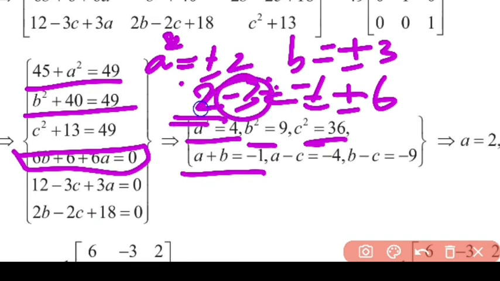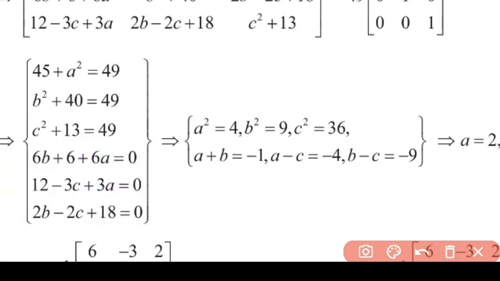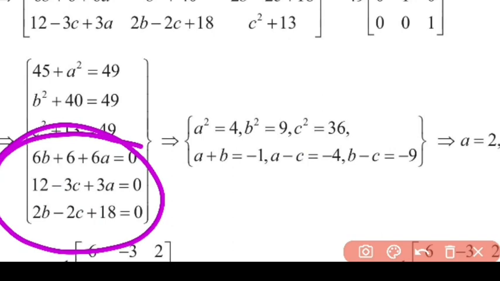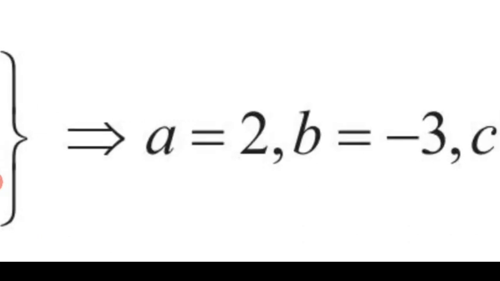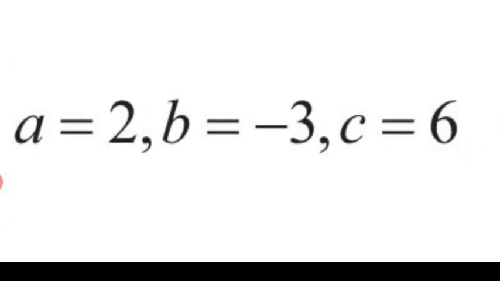Next, substitute the a or b value in the remaining equation to get the c value. Finally we got the a, b, c values: a is 2, b is minus 3, c is 6.